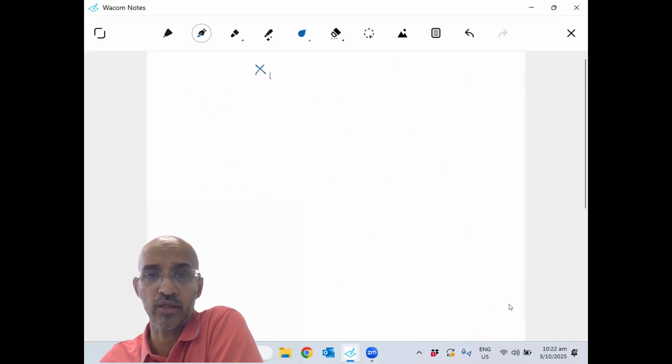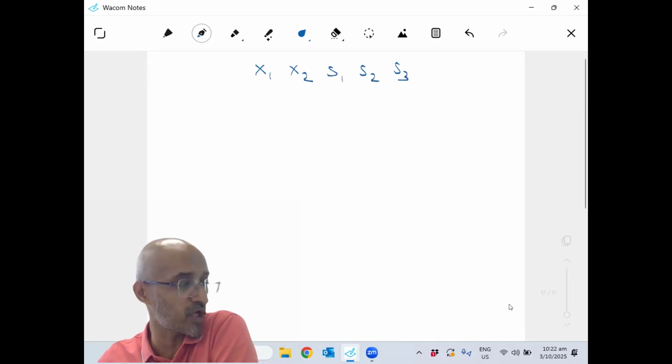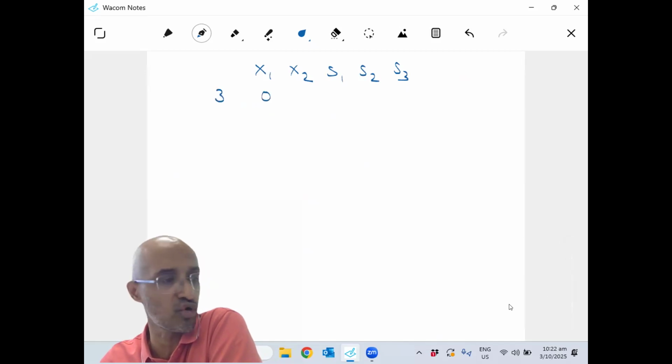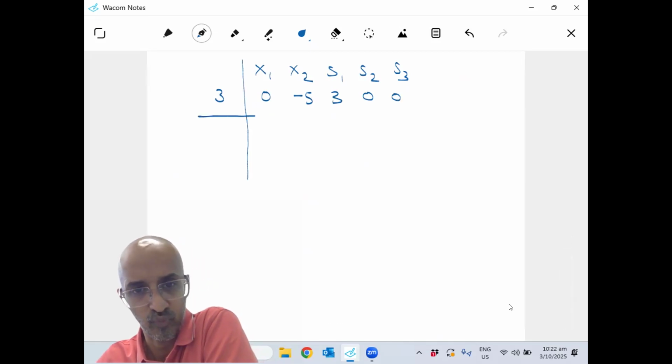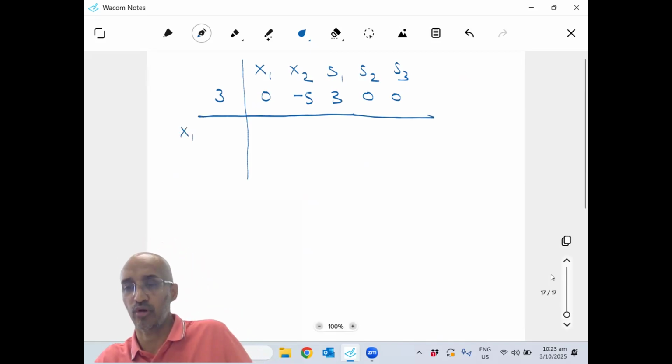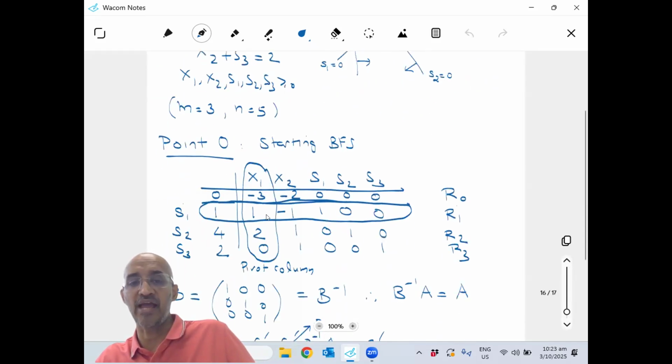So we will have x1, x2, S1, S2, and S3. If you do those row operations, and you can check this on your own, you will get values which look like this: 3, 0, minus 5, 3, 0, 0. And remember, my S1 has now come out of my basis and X1 has come in.